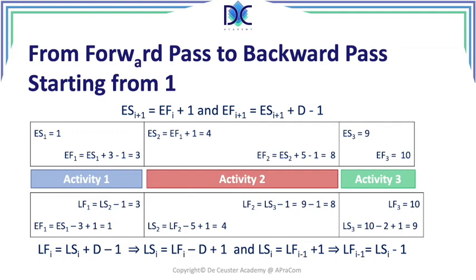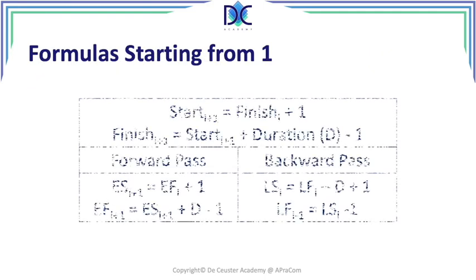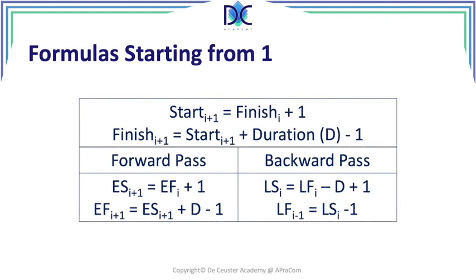Now, when we look at the formulas, like we did before, we know that the start of the successor is equal to the finish of the predecessor plus 1, and the finish of the activity is start plus duration minus 1. For the forward pass, we can say that the early start of the successor is equal to the early finish of the predecessor plus 1, and the early finish of the activity is equal to the early start plus the duration minus 1.